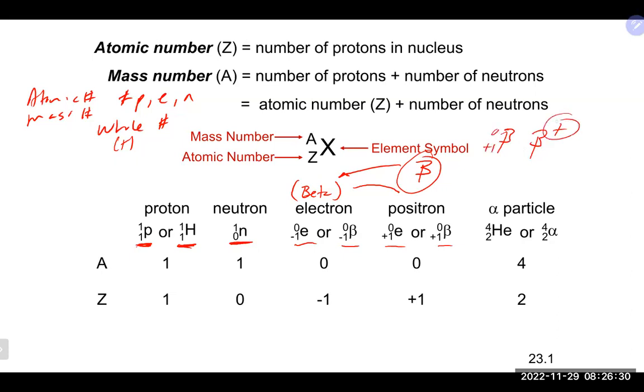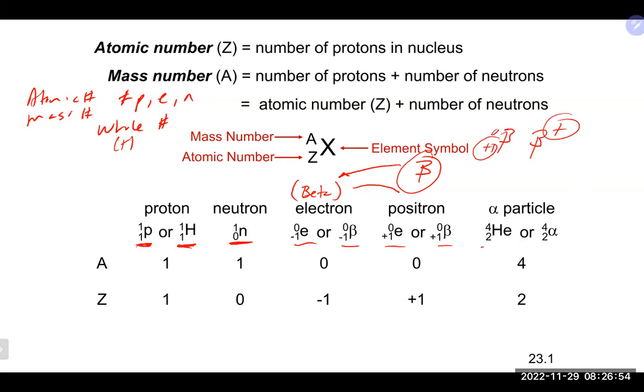But there'll be some indication usually that it is the positron that they're talking about, if it is not the beta particle. But again, if you just see the beta symbol, it is probably safe to assume that it is the beta particle. Like I said, they will usually put some type of positive sign there on the positron to indicate that it is obviously a positron that they're talking about.